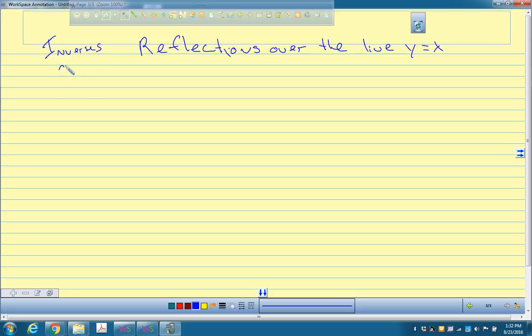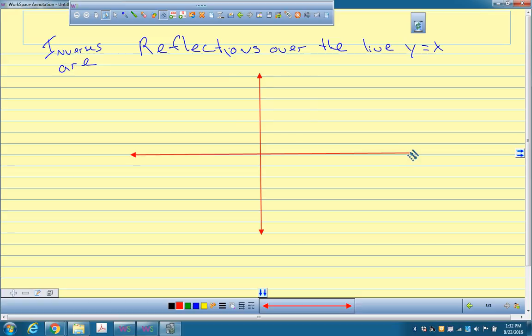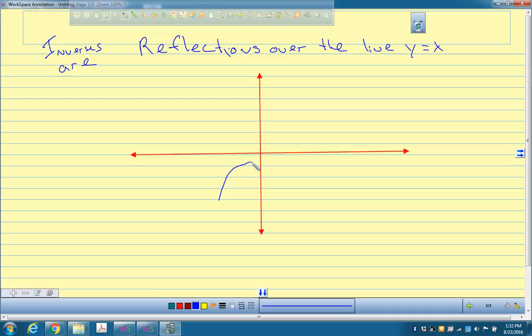Okay? So for example, here's the line. Here's y equals x cubed, kind of goes like that.